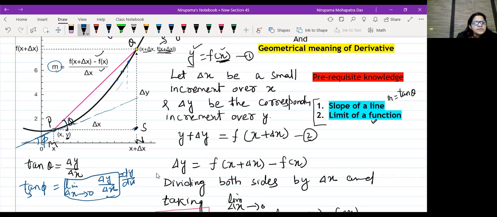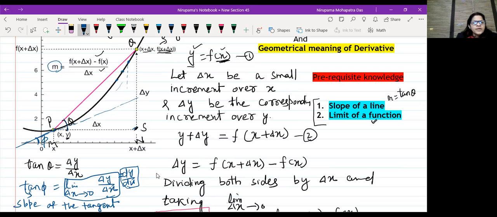It means the angle made by the tangent line with the positive direction of the x-axis. That is phi. So tan phi is the slope of the tangent to the curve, which equals the derivative of the curve at that point.